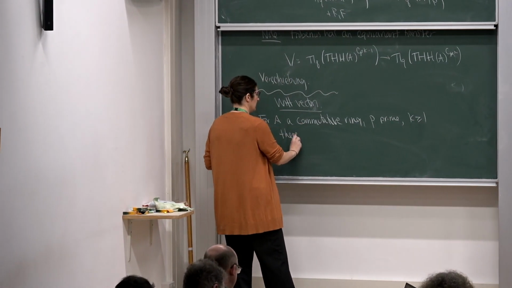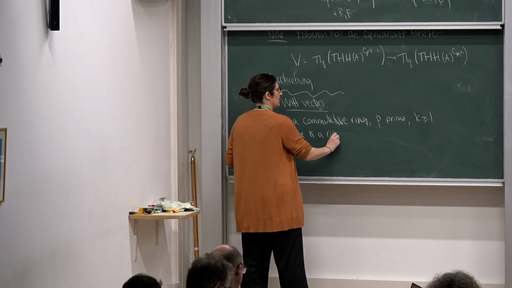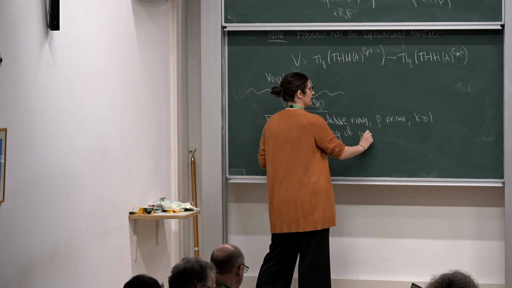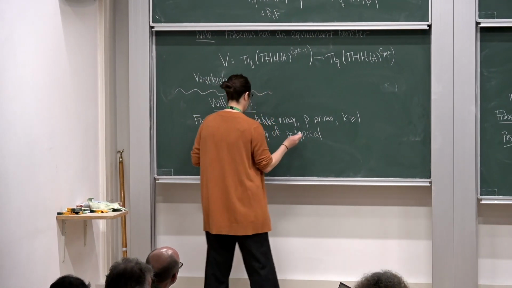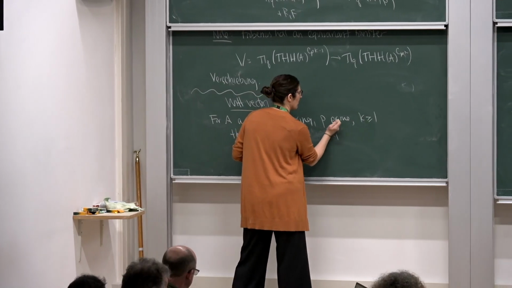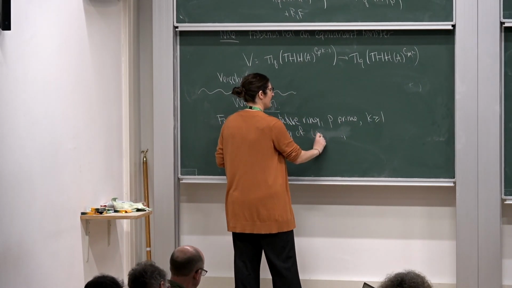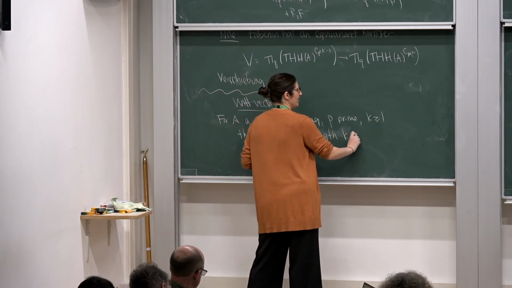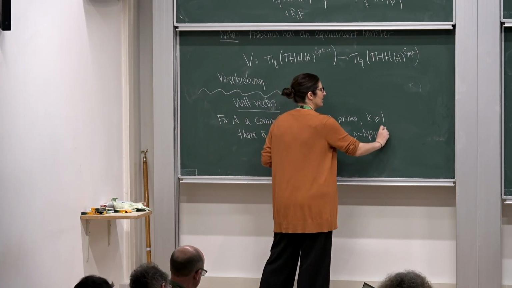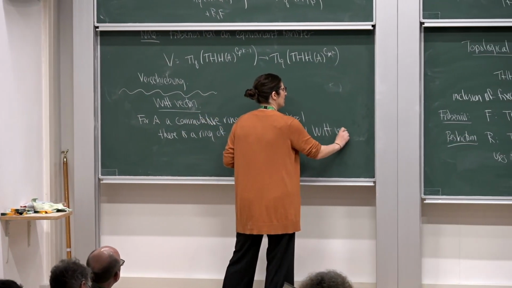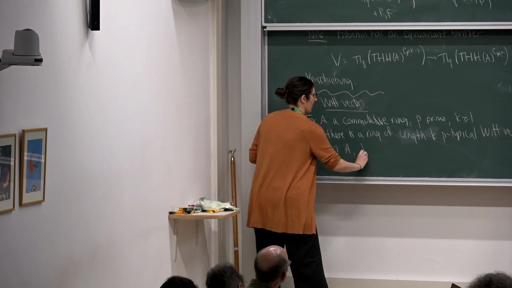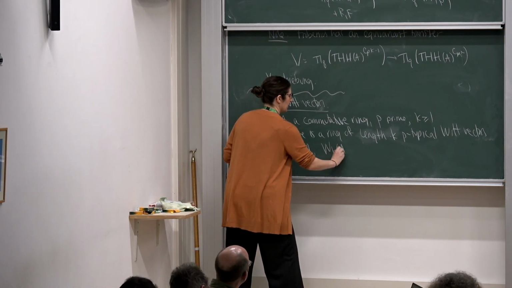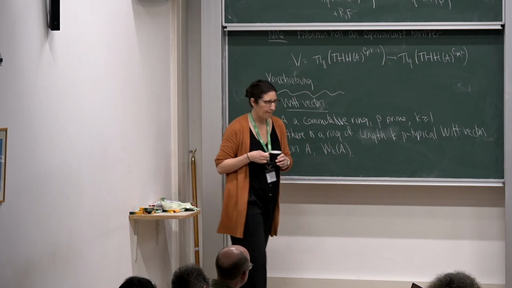There is a ring, the ring of length k p-typical Witt vectors on A, which we write like so, W_k(A).